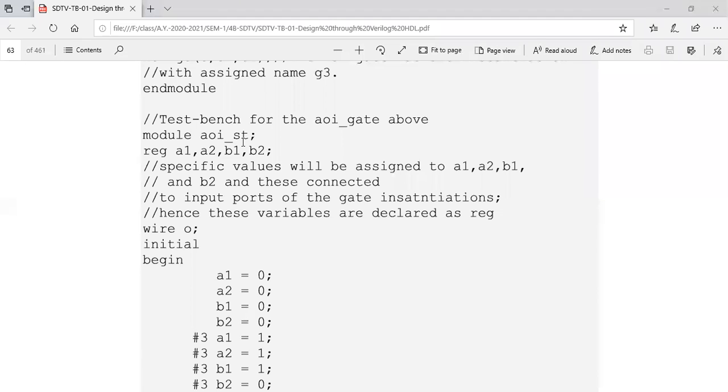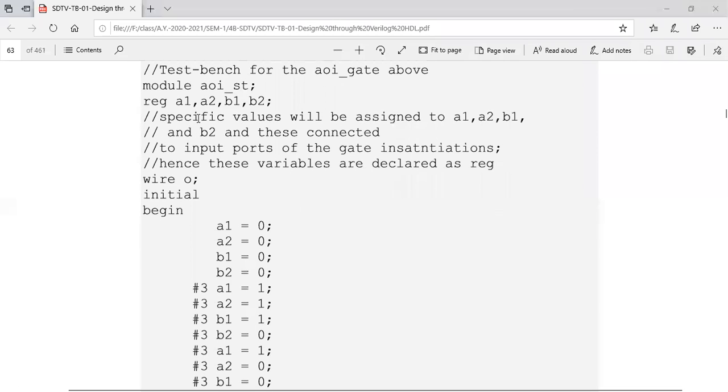So module AOI_ST. In the test bench program, we will not have a bracket with arguments to mention what the inputs and outputs are. Straight away, we write a semicolon. Then we have to mention registers A1, A2, B1 and B2. These are the inputs, so we are giving them registers.